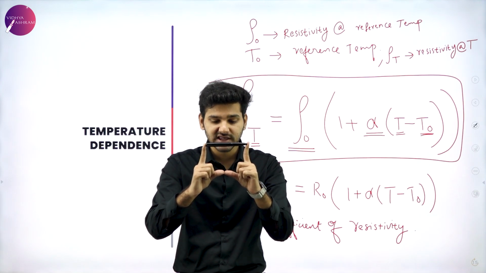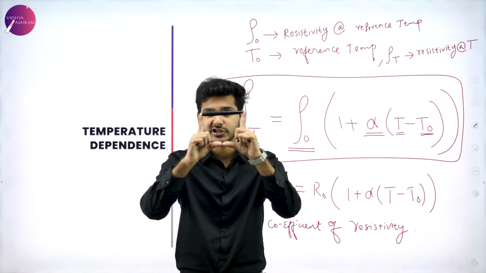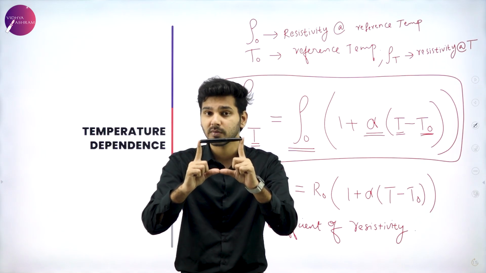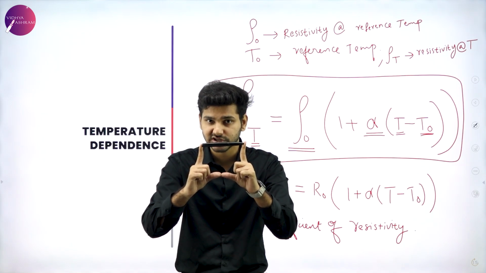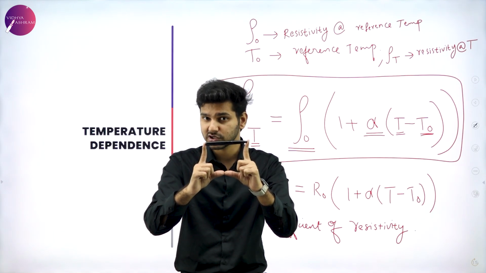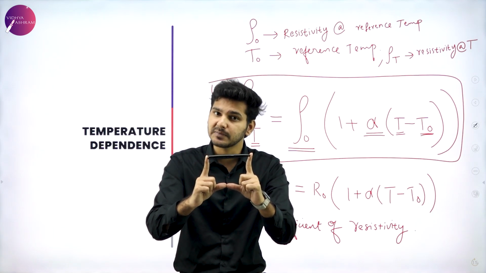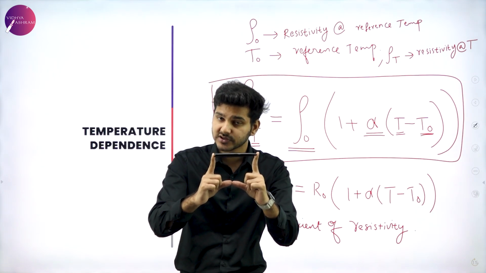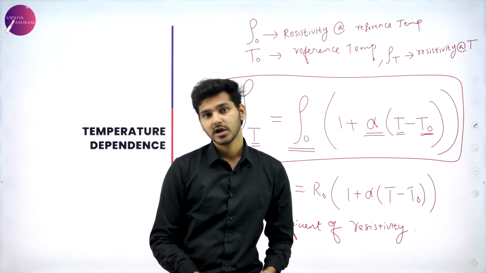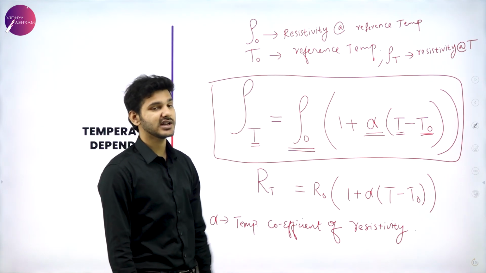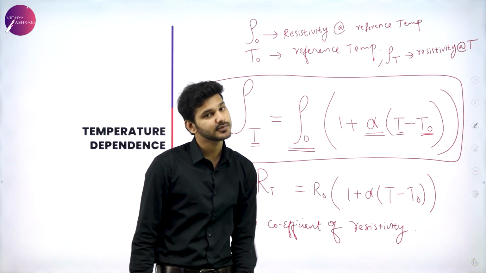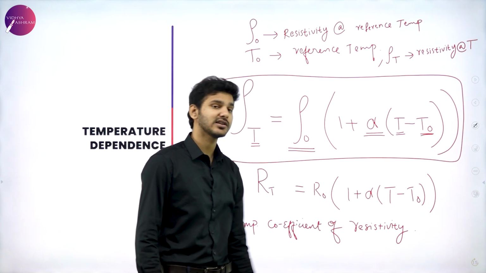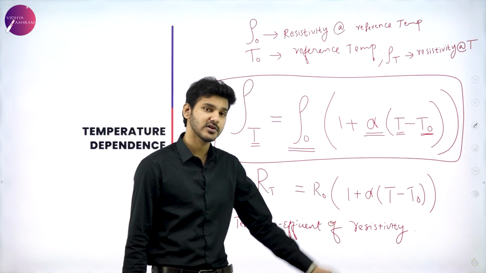After you start the experiment, current is flowing through the circuit, and automatically the temperature goes up. That temperature is capital T, and the resistivity at that temperature is rho T. That is connected using this equation, where alpha is the temperature coefficient of resistivity.